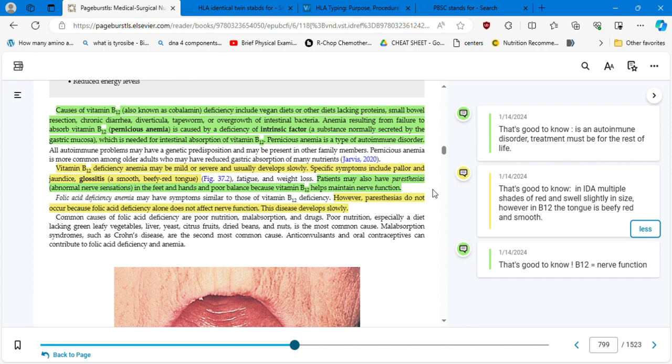Even though B12 and folic acid deficiencies are both megaloblastic, B12 is going to present with nervous function problems: the numbness, the paresthesias, maybe problems with behavior, anxiety, changes in mood. Folic acid is different. It's going to present with multiple symptoms similar to B12, but none of them is going to be nerve related. Paresthesias do not occur because folic acid deficiency alone does not affect nervous function. This disease develops slowly.